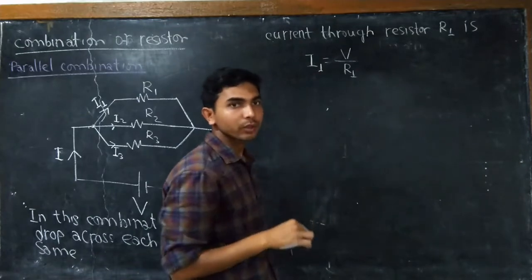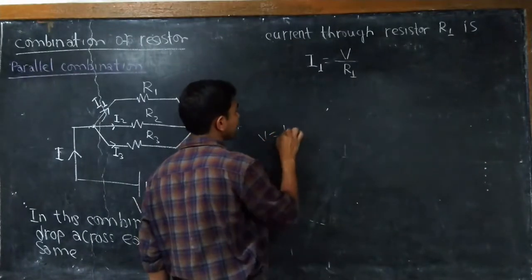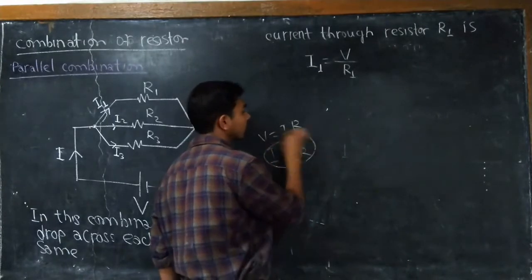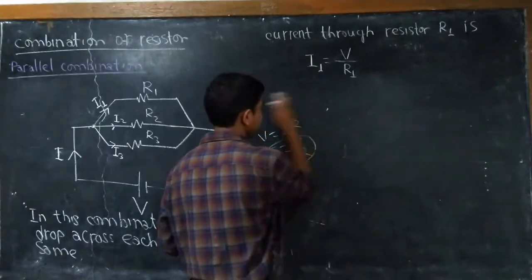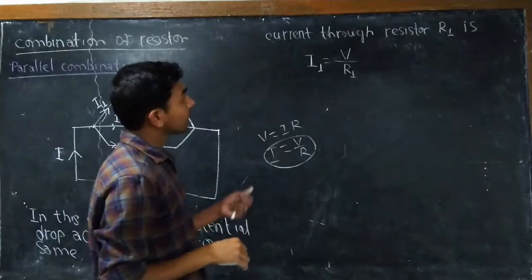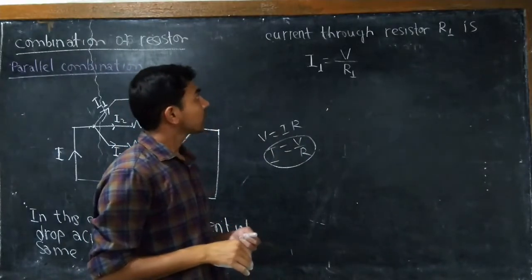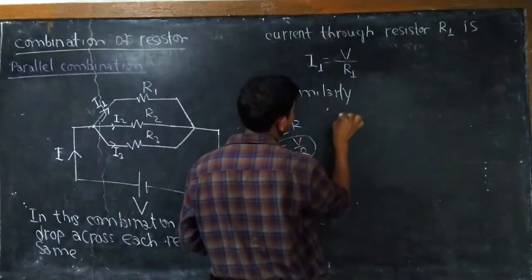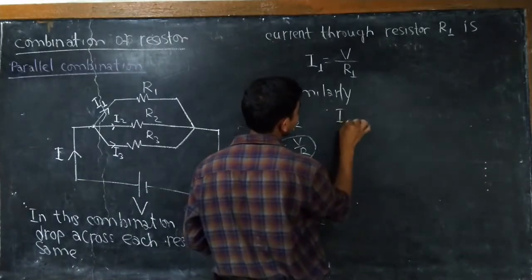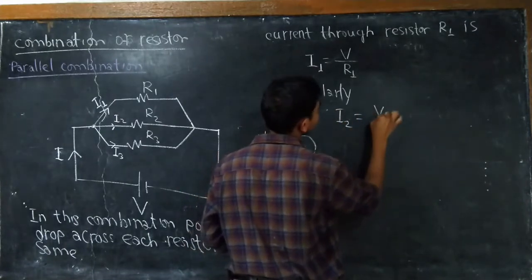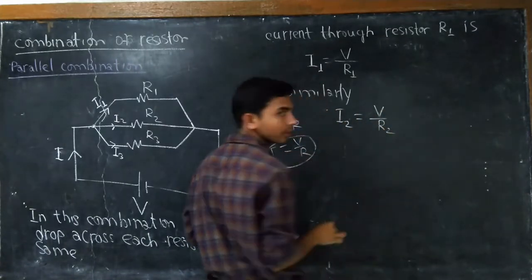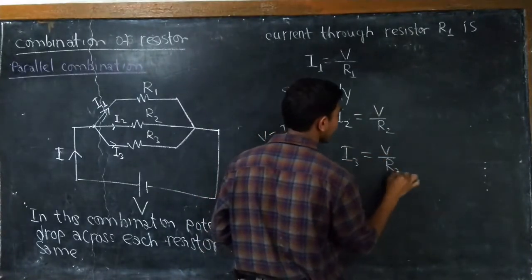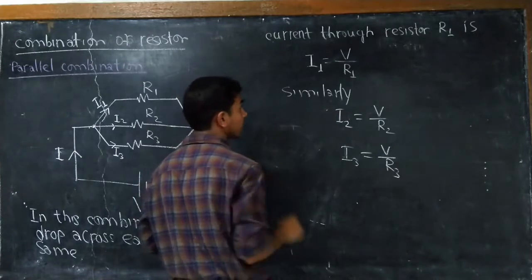From where is this formula coming? You are able to understand V is equal to IR, so I is equal to V by R. Similarly, we are able to find the current through resistor R2, which will be I2, and that I2 will be V by R2. And I3 is V by R3, right?